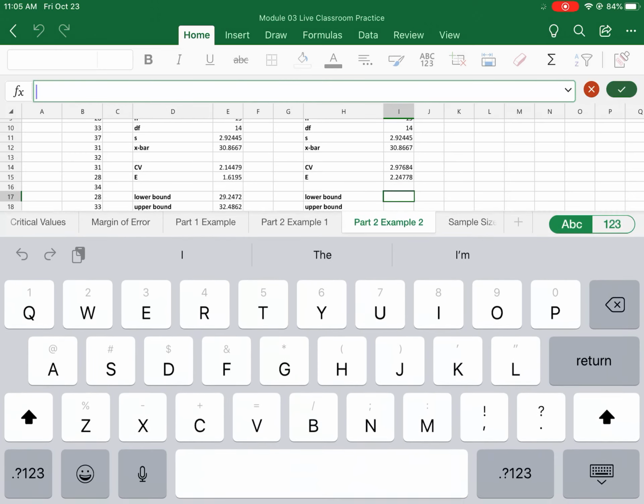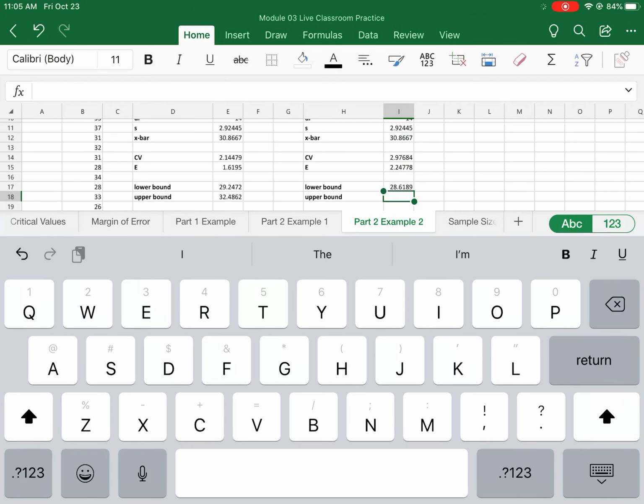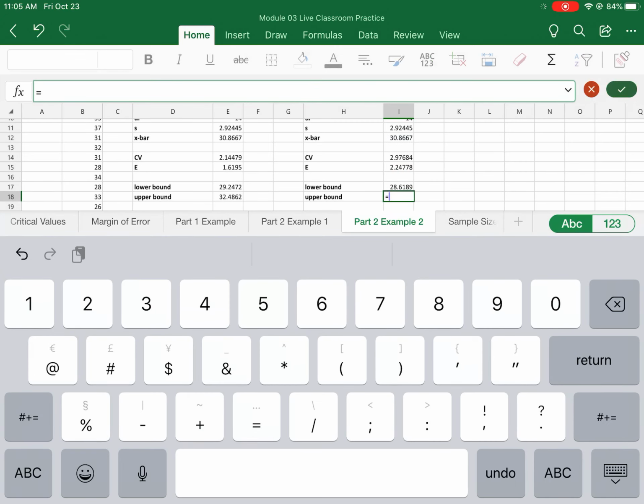And then my lower bound, okay, again, it is minus my error, and then the upper is you add it.